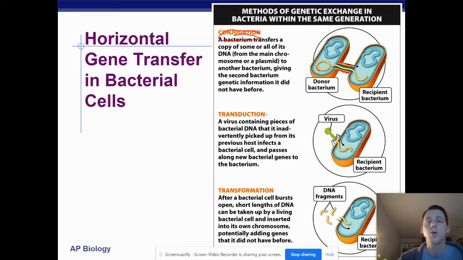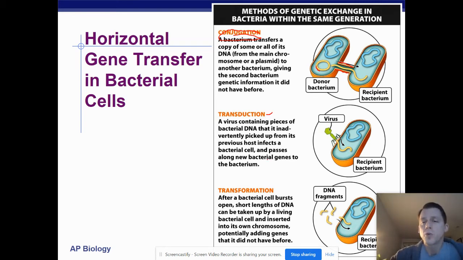There's also something called transduction. Transduction is really when bacteria trade little bits of DNA from viruses. So when viruses come in and infect a bacterium, they may pick up pieces of DNA. And then when they infect other bacteria, they may deposit those pieces of DNA into other bacteria. We'll get to that more; we have a whole bacteria unit.